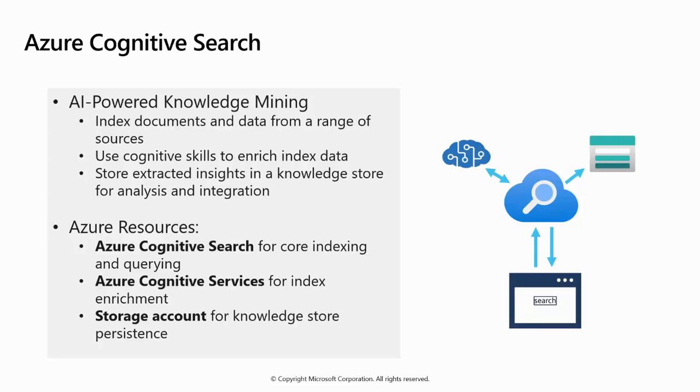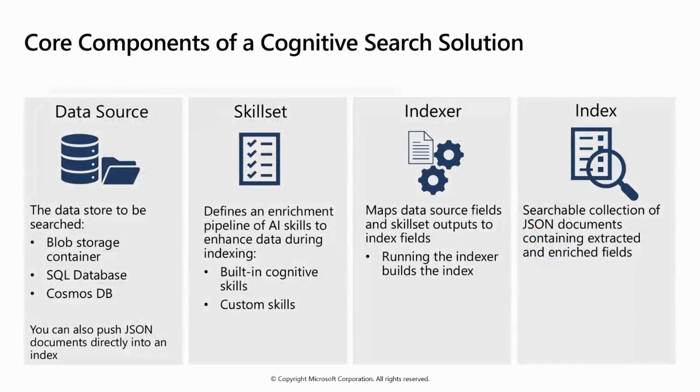As well as developing comprehensive large-scale search solutions, we can use Cognitive Search to index documents and data from a range of sources, use cognitive skills to enrich the indexed data, and store extracted insights in a knowledge store. Okay, this is a lot of things we need to think about.